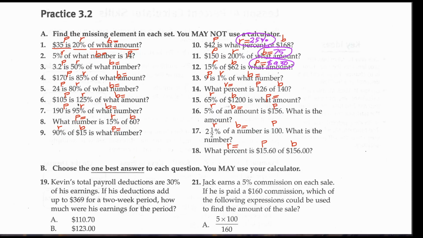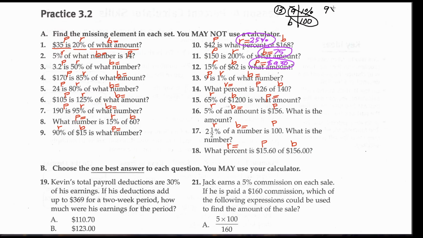Let's work with number 13. Big T, or big plus. 100 goes here. P is 9, so put 9 here. 1% goes here. And B goes here. Okay, step 1. We need to multiply 9 times 100.